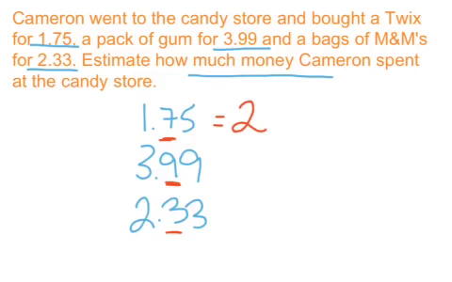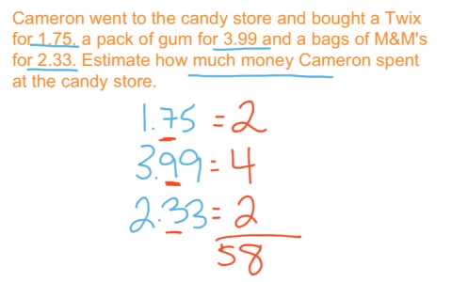And our $3.99 we can estimate to $4. And then our 3 in $2.33 is smaller than 5, so our $2.33 we can estimate to $2. I'm going to add those up, so 2, 4, and 2 is 8. And then you put the dollar sign. We estimate that he spent about $8.